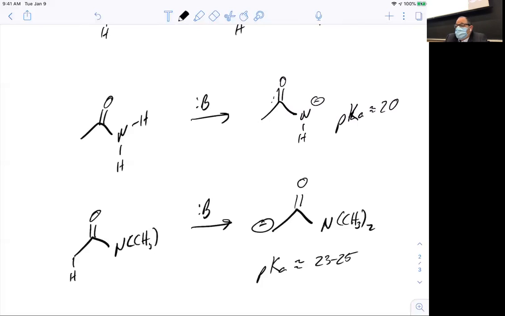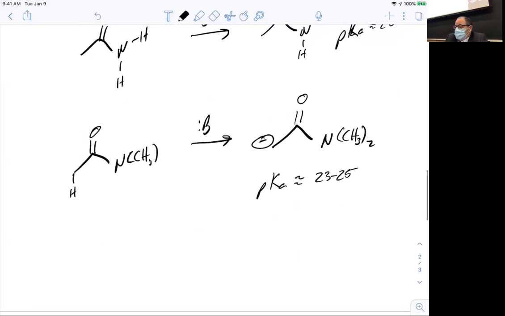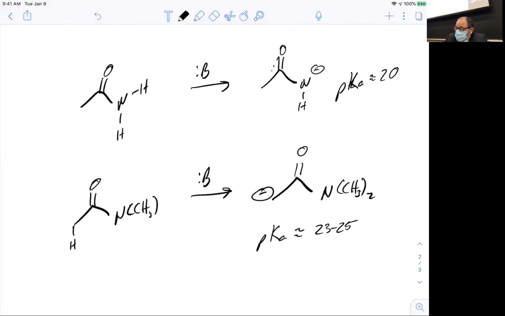So that proton there is a little bit acidic. And the reason for that is that if we look at that nitrogen, we can delocalize that negative into that oxygen.